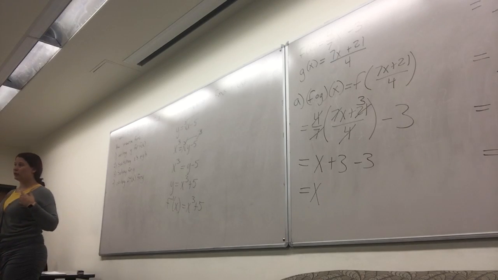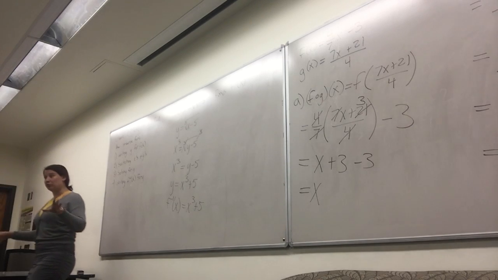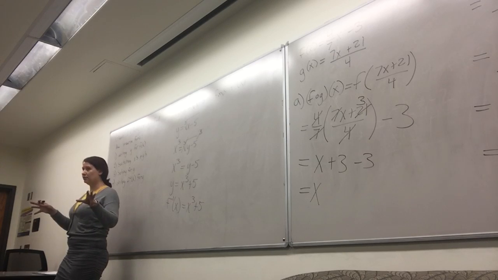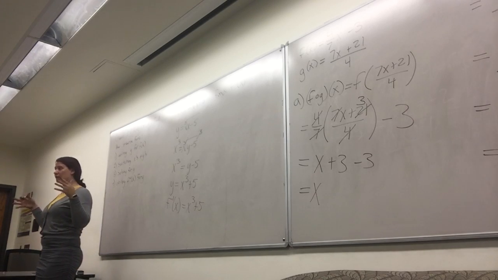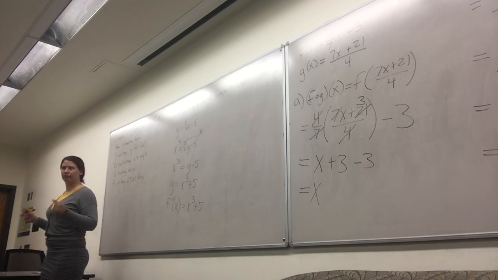Generally, if you want to do a quick check, you could plug one into the other, and if you get x, that's usually going to be a good indication, because if you made a mistake, you're not likely to get x either way, but it's not foolproof, right? Technically, we would have to get x both ways to 100% know that it's the inverse function, okay? But a quick check would just be doing one.